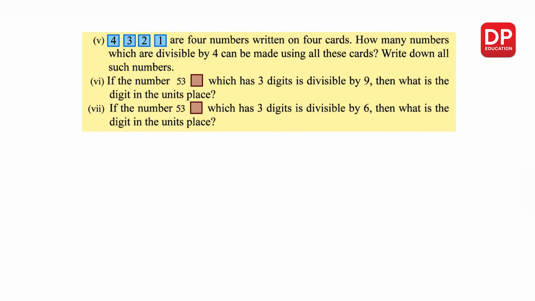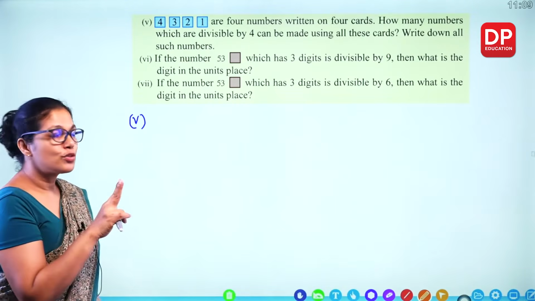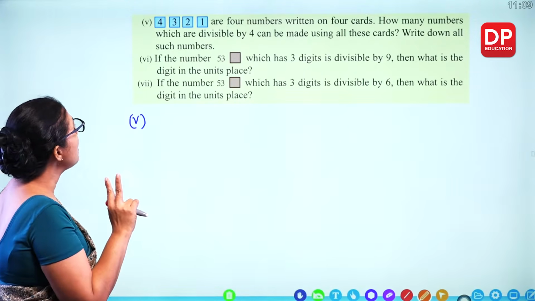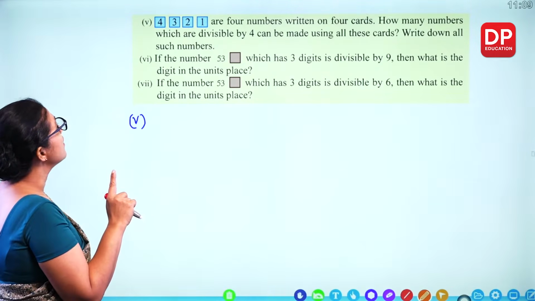This one, 4321, are 4 numbers written on 4 cards. How many numbers which are divisible by 4 can be made using all these cards? Write down all such numbers. So what's the condition? Last two digits should be divisible by 4. 43 can't, 42 can't, 41 can't.